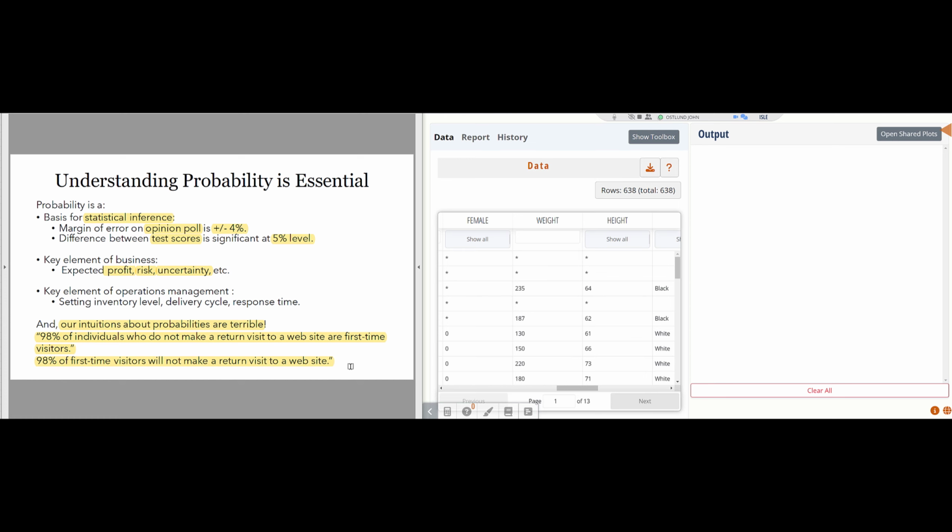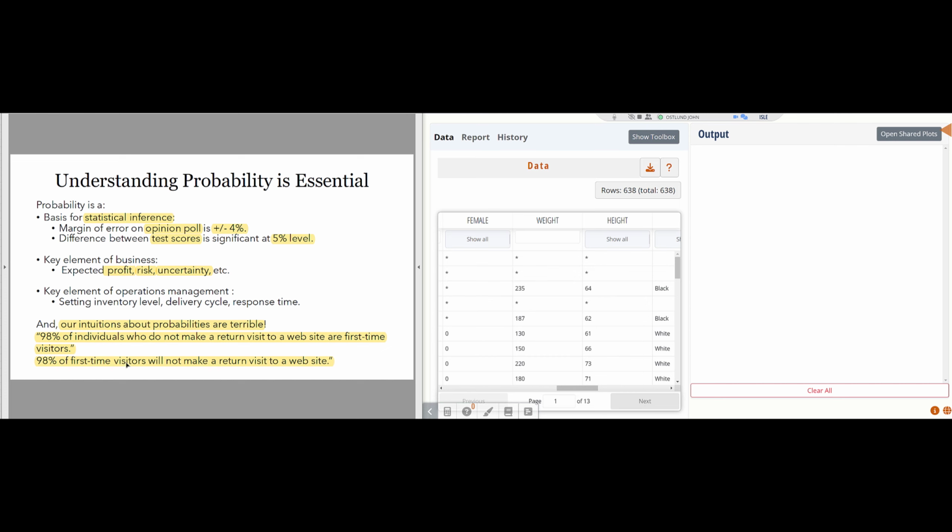That sounds kind of the same, and so a lot of people would be confused into thinking that these are the same statements. But in fact, they're not the same statements at all. Let's suppose that 1,000 people visit a website and then leave the website. 98% of the individuals who do not return were first-time visitors to that website.